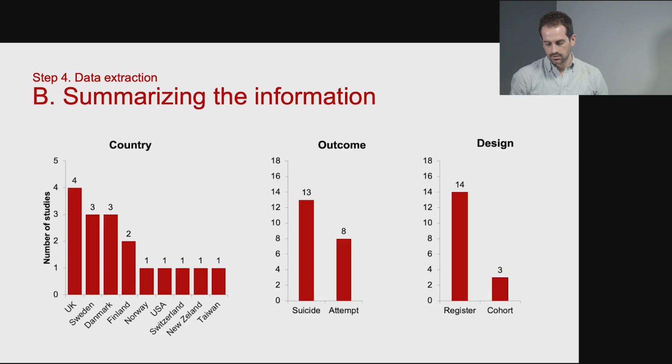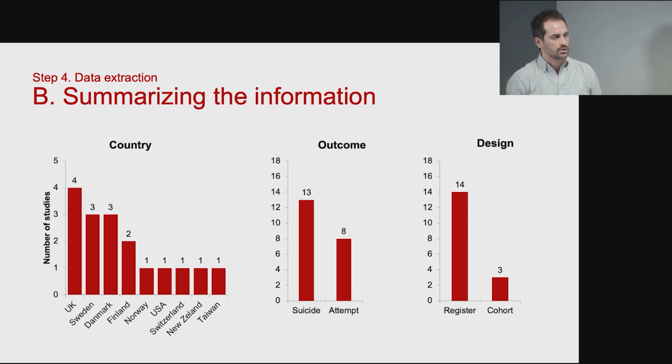of all your studies. You can also use it, for example, to present the results very graphically. You can see, for example, most studies were from the UK, Sweden, or Northern Europe. Only one study from Asia, for example. Most studies were on suicide, fewer on suicide attempt.